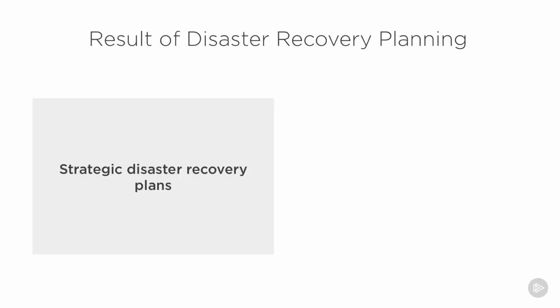The result of disaster recovery planning is that we have a plan. We have a plan that says, how will we recover and rebuild our IT infrastructure? How will we ensure that we're working on the things most important to the business? This means we have to understand the strategic plans for the business. And, for example, with the recovery of IT, I'm not going to recover what I have.